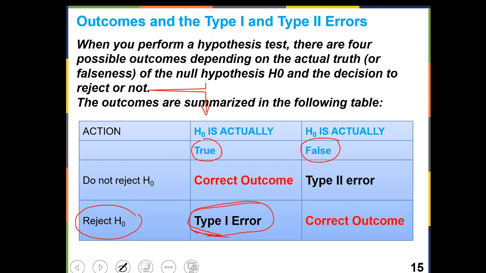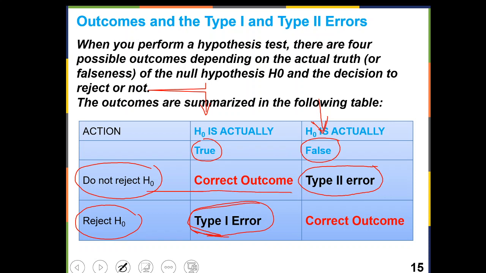So type 1 error is when you reject something that is true. Now, what if it's false? Well, if it's false, then if we do not reject it, then that's an error. And that's type 2 error, right? If something is not true, it's false, and then we fail to reject it, that is type 2 error. Now, otherwise, that's a correct decision.